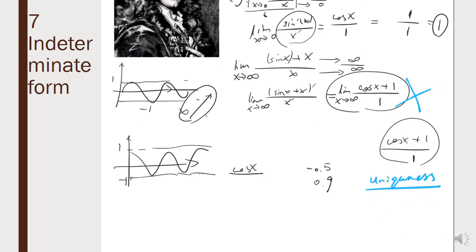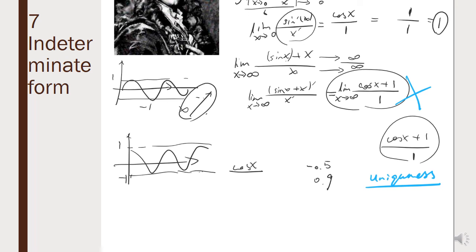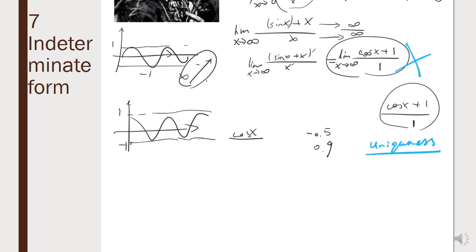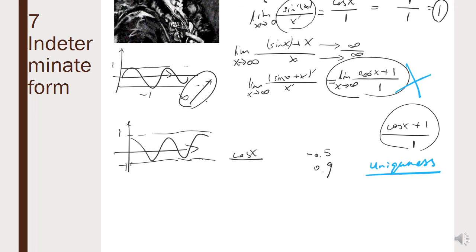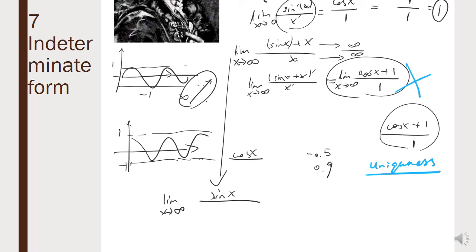But for this one, we actually don't have to use L'Hospital's rule. I will write it here. When x is approaching infinity, (sin x plus x) over x is very easy. Sometimes we're just scared by the form. Sine x is a trigonometric function whose value is oscillating between -1 and 1.